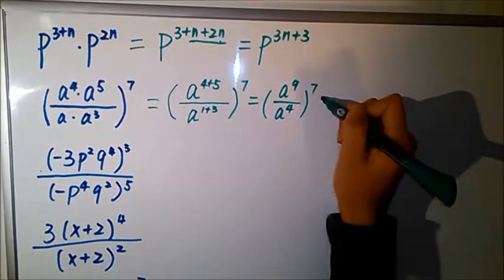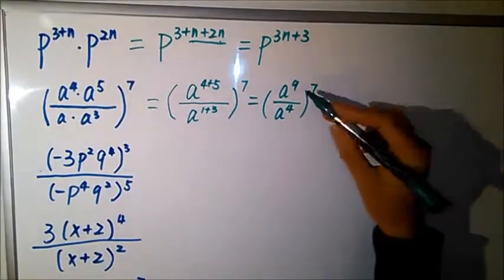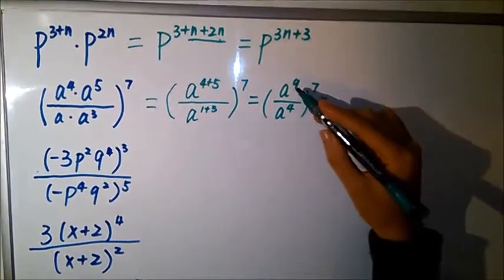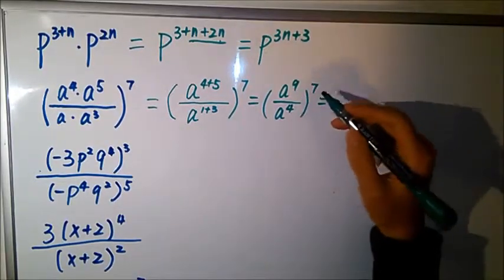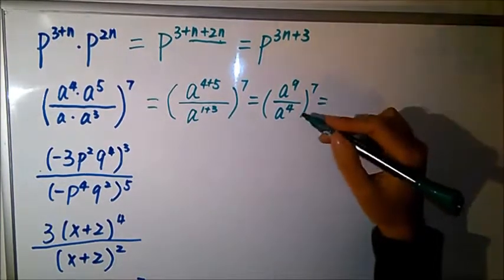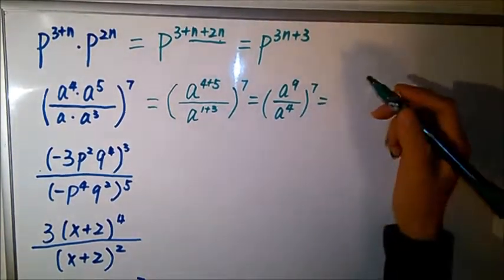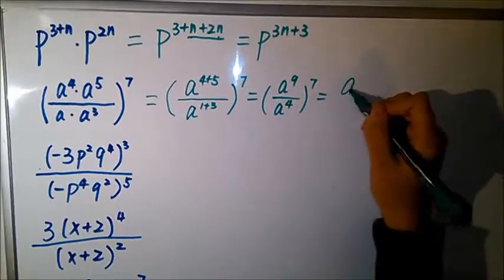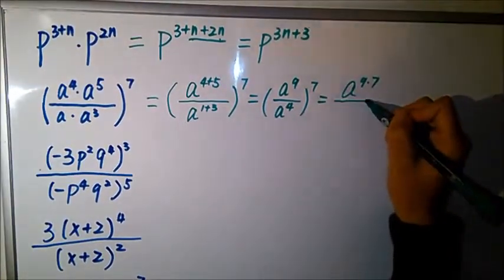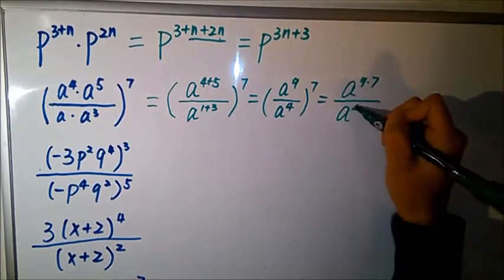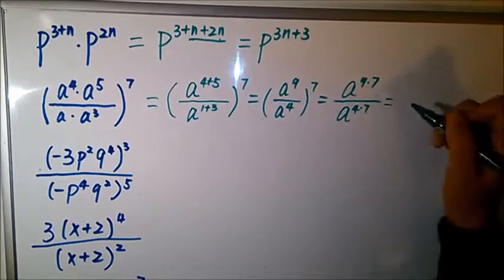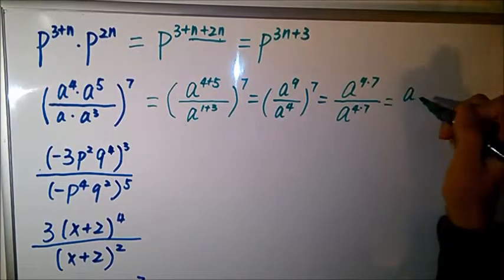Great. And now let's use the power rule. Put the 7 into the 9 by multiplication. Well, we can also do 9 minus 4, but I don't want to do that. We're going to use the power rule first. So a to the power of 9 times 7, divided by a to the power of 4 times 7. You have to multiply the power of 7 into the numerator and into the denominator.